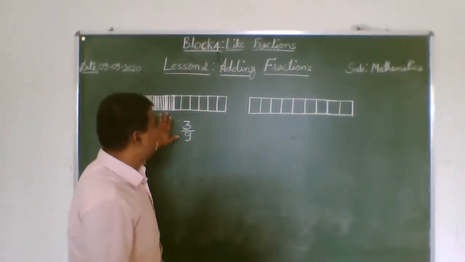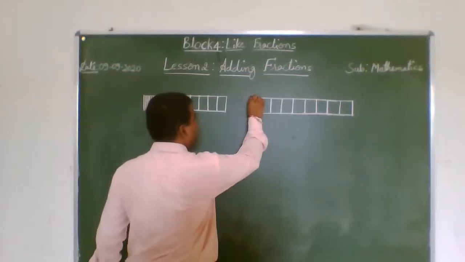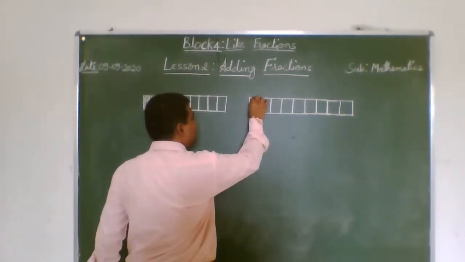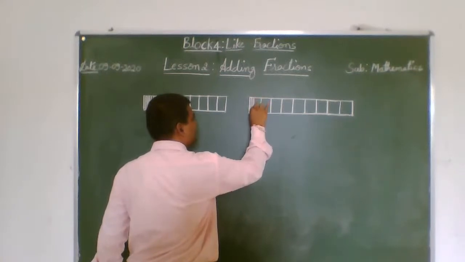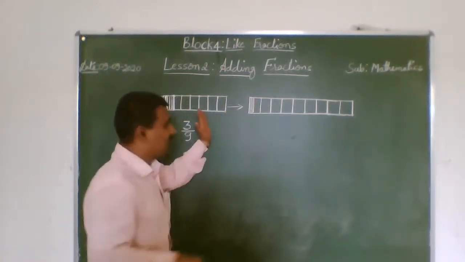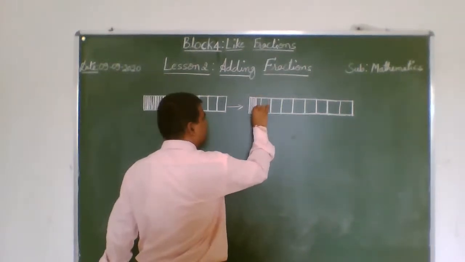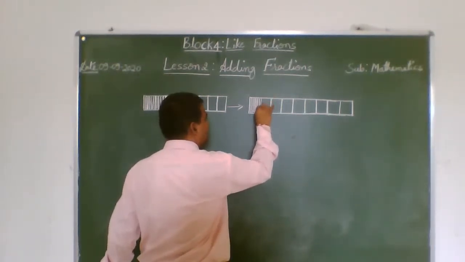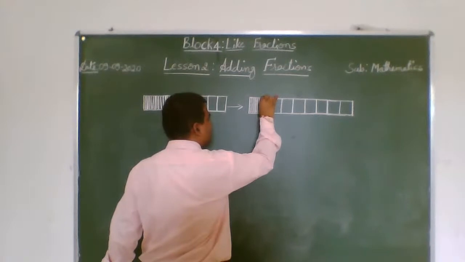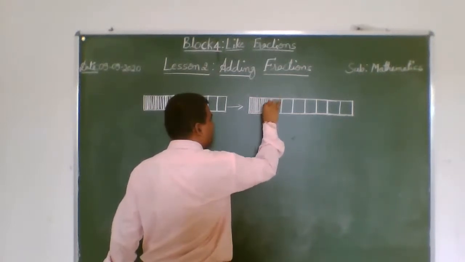So this 3 by 9 is already there, children. This 3 by 9 is already there in this strip. Same strip, I am copying the same strip. This 3 by 9 is already shaded with the vertical straight lines.